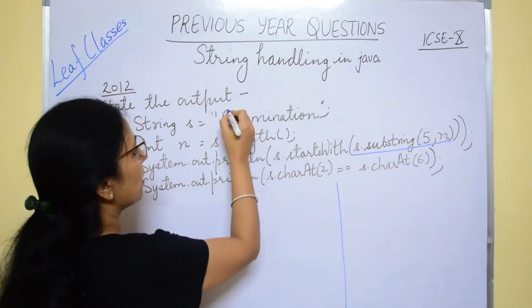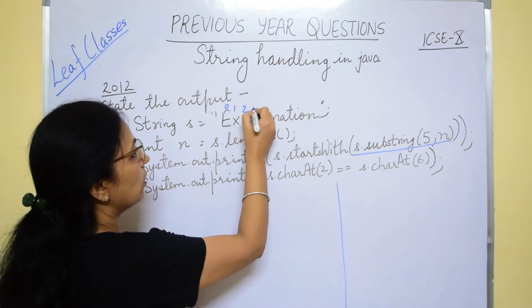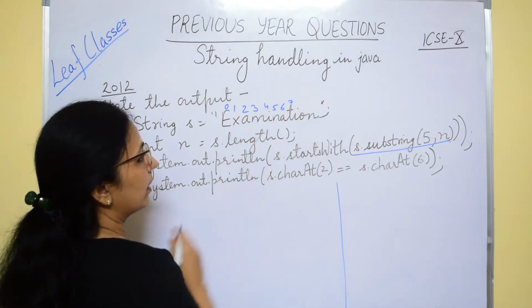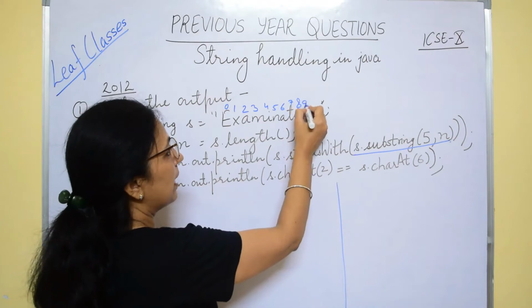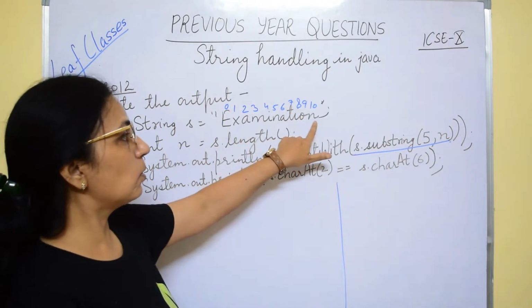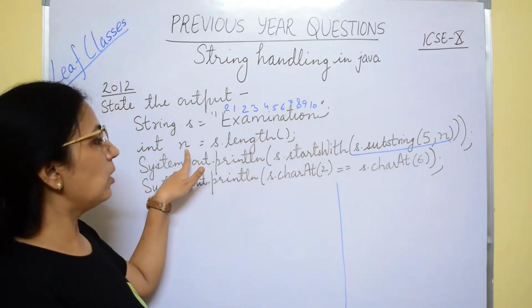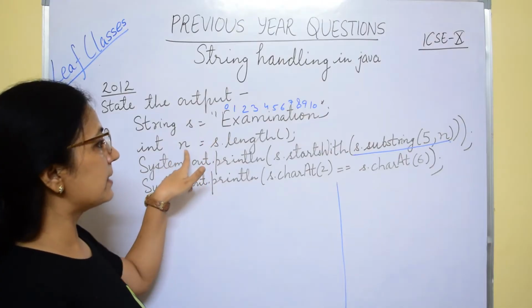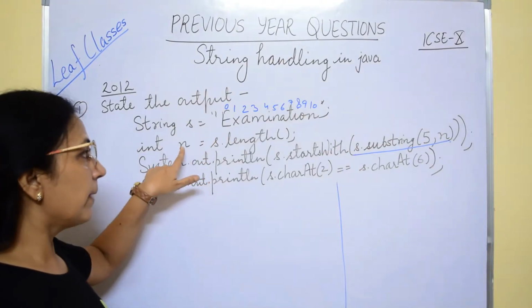Whenever the string is there, as I told you last time also, it is always better to put the index numbers in the string: 7, 8, 9, 10. So we have total from 0 to 10, that means the value of n will be 11. The length of string S is 11, that is stored in n.